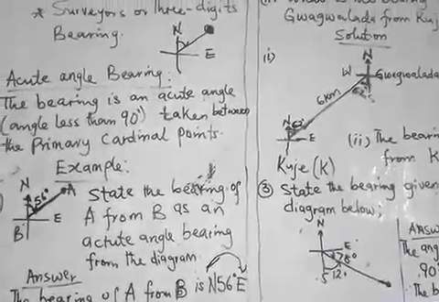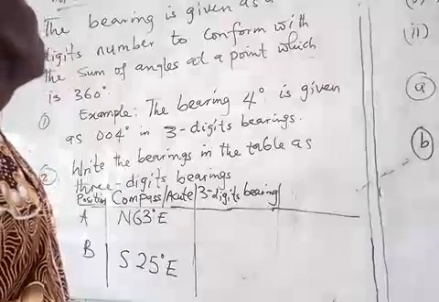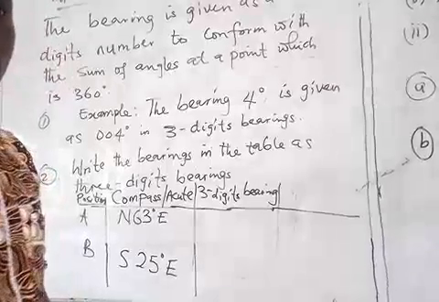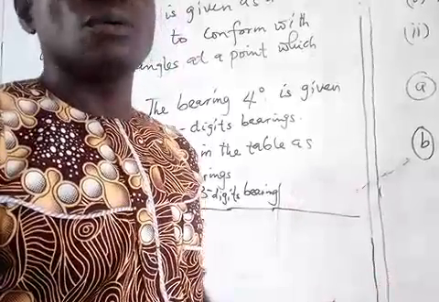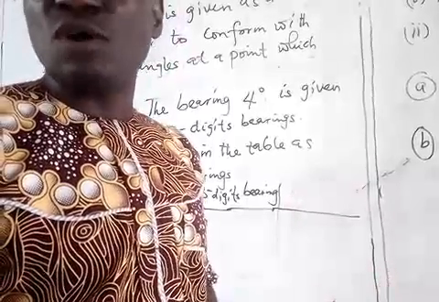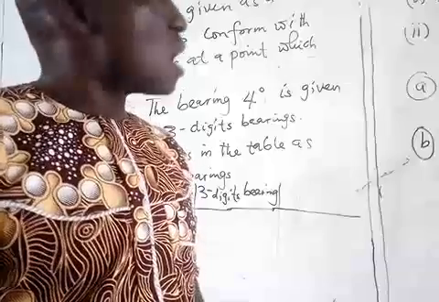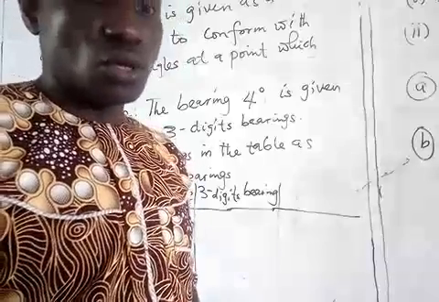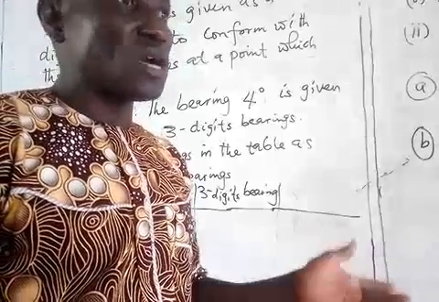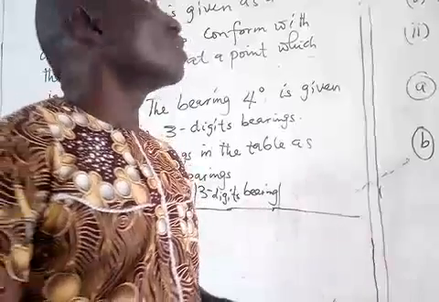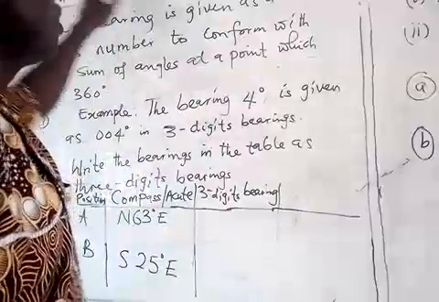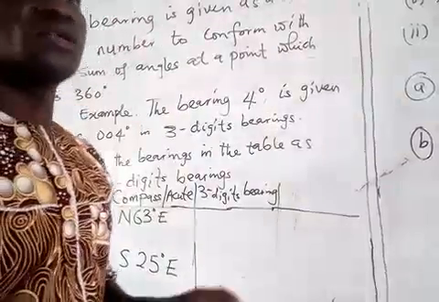Okay, so we have looked at the acute angled bearing method of stating bearing angles. We now want to look at the second way in which you can present bearing, and that way is called the three-digit bearing.